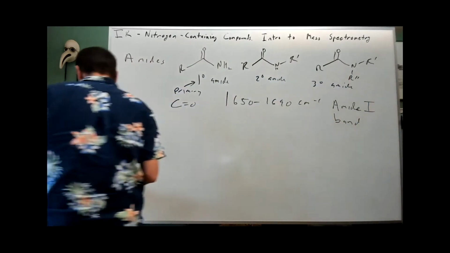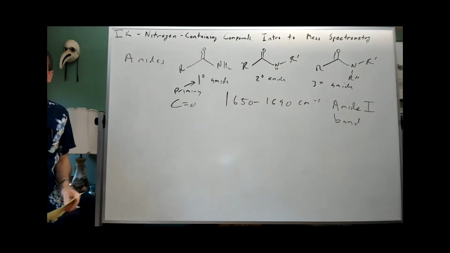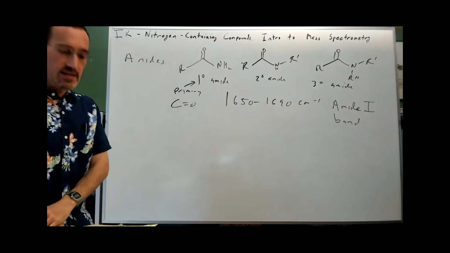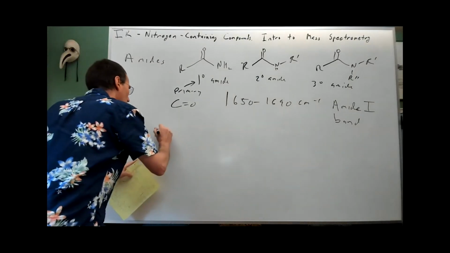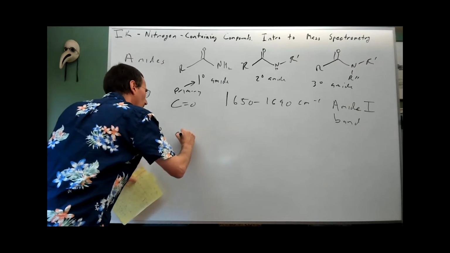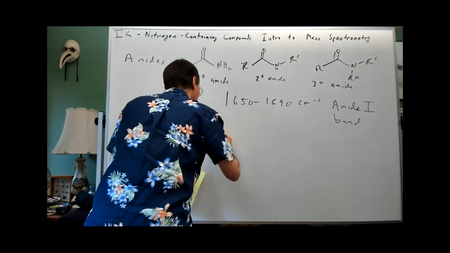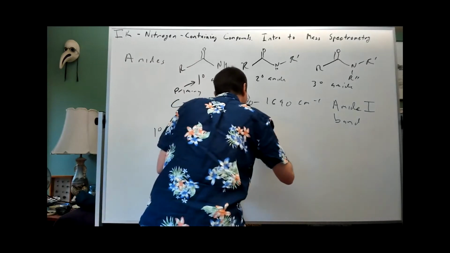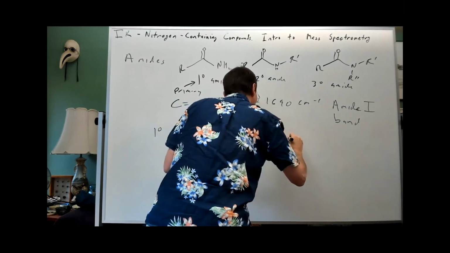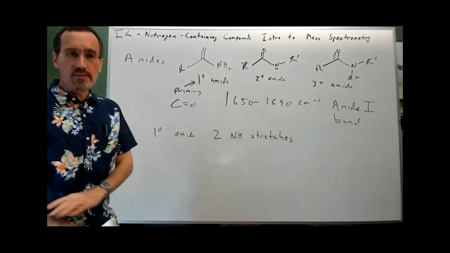In addition to that, you're going to have a number of other features that may clue you in that you have an amide. So for example, a primary amide is going to have 2 NH stretches. Why 2 for a primary amide?